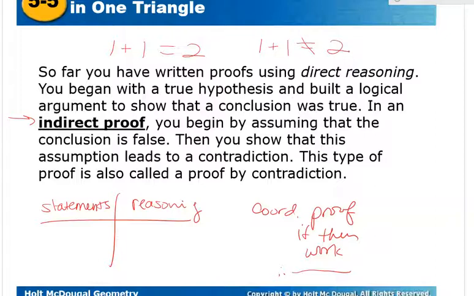Well, is that true? Does 1 plus 1 not equal 2 ever? No, not true. So since I can't really prove that wrong by assuming the opposite, I can assume that this is true. Okay, so it's kind of weird. You're assuming the opposite to prove that the original is true.